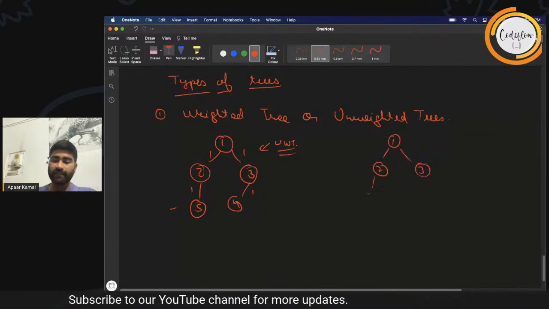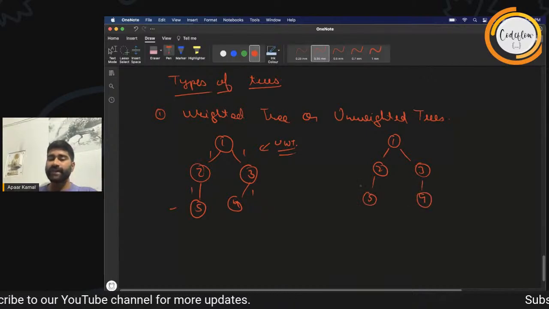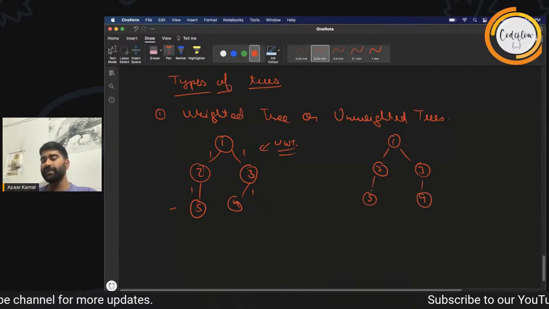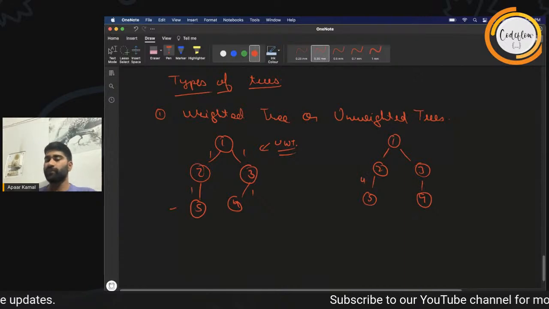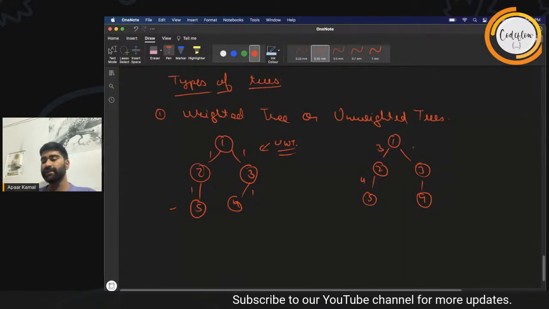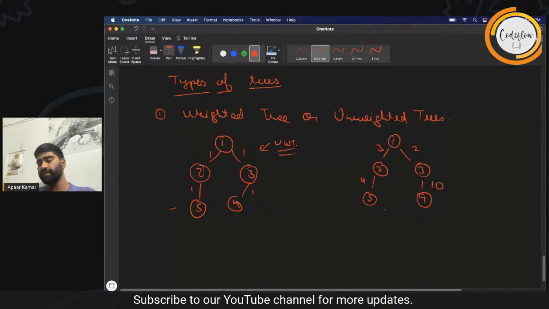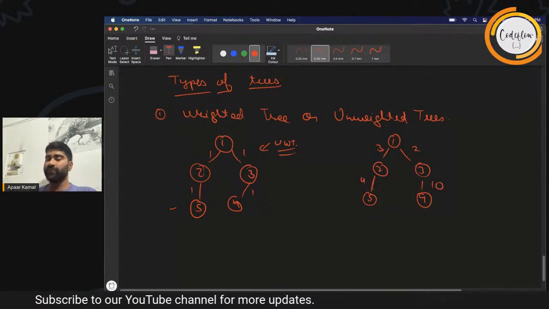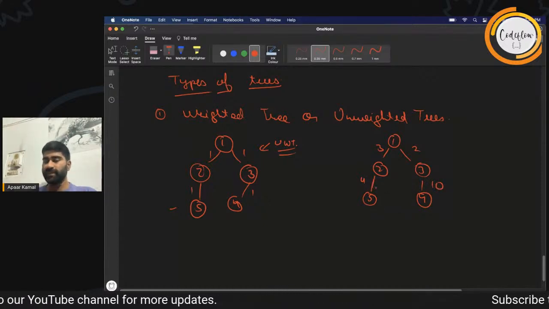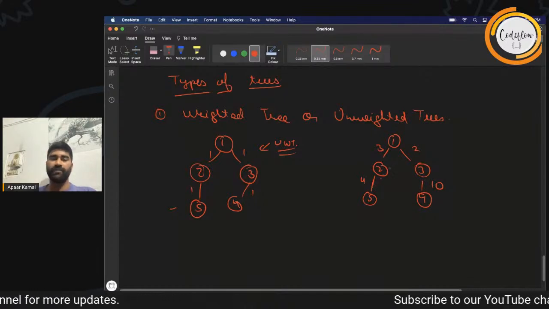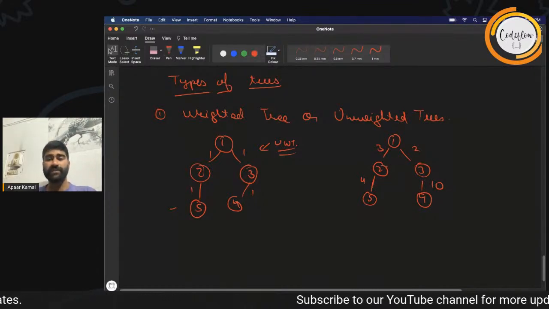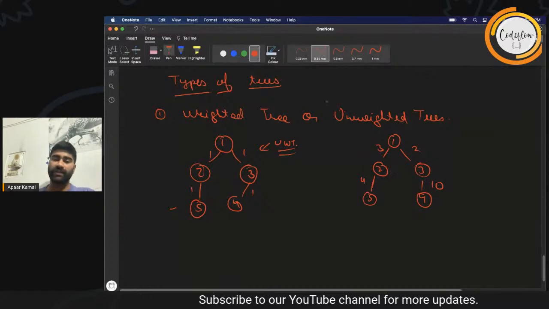So again, making the same structure, guys. Now I say that the distance between 2 and 5 is 4. 1 and 2 is 3. 1 and 3 is 2. And 3 and 4 is 10. Now guys, these edges between pairs of nodes have weights on them, right? So if edges have weights on them, then it's a weighted tree.